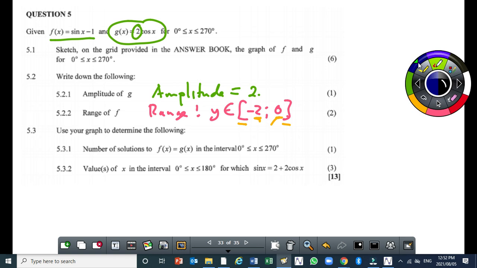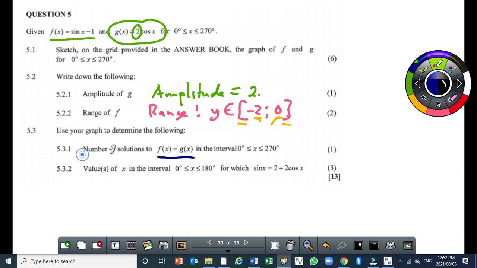Then the next question says, use your graph to determine the number of solutions to f of x equal to g of x. Now, when we say f of x is equal to g of x, it means that the two graphs are intersecting. So we need to know how many points there are where the two graphs intersect.